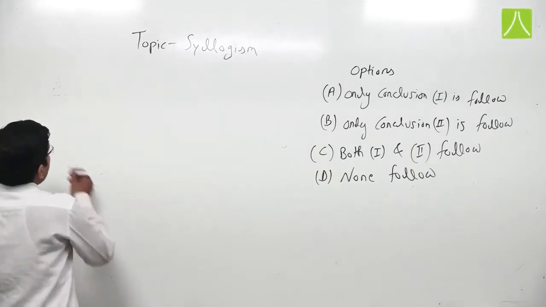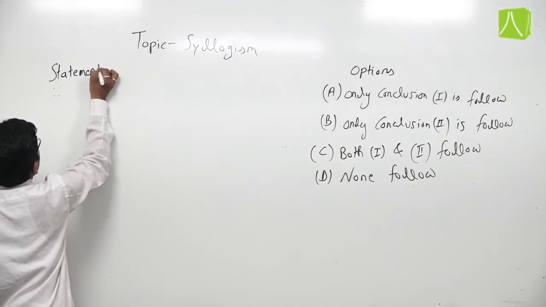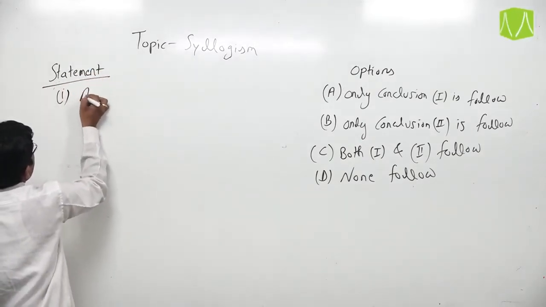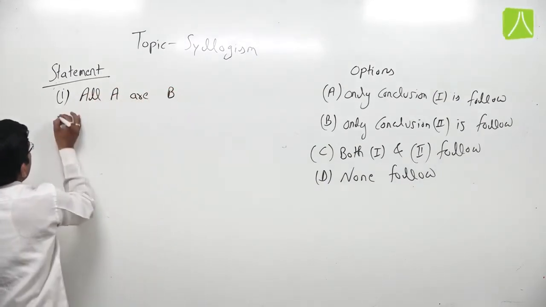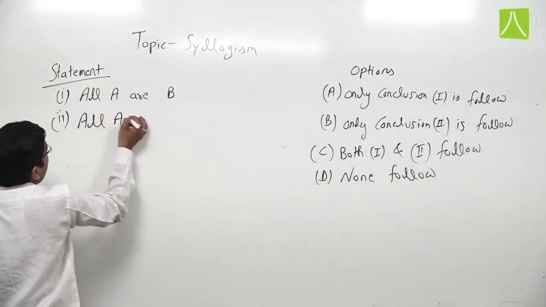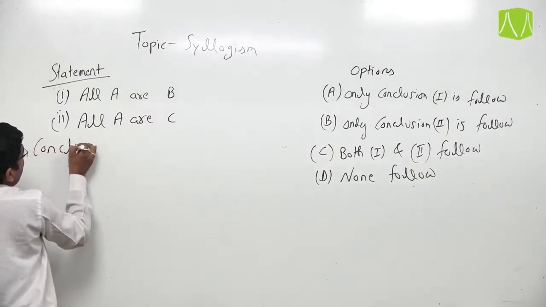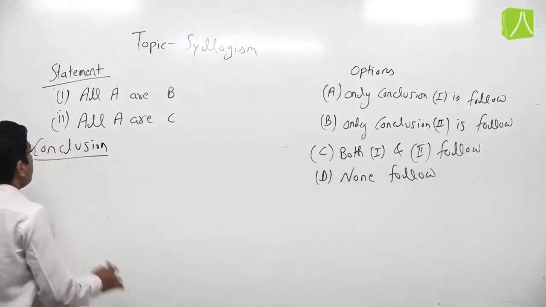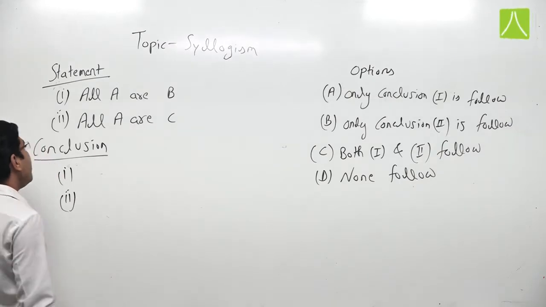Now take one by one examples. Here we write the statements. First statement is all A are B. Second statement, all A are C. Now on the basis of these 2 statements we have to find whether the first and second conclusion are correct or incorrect.